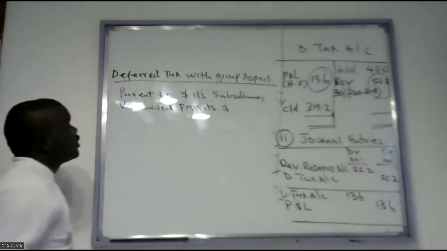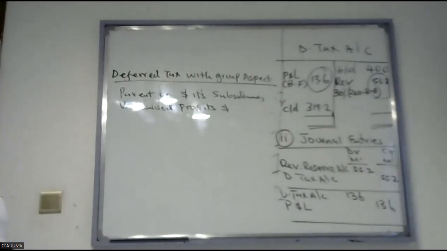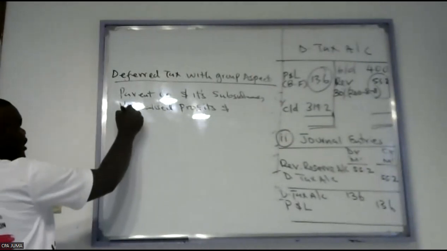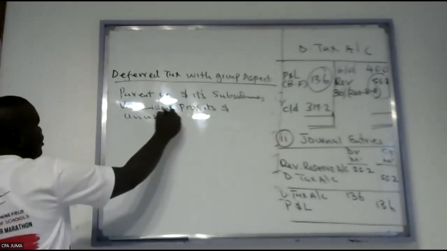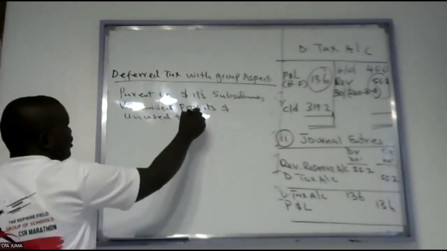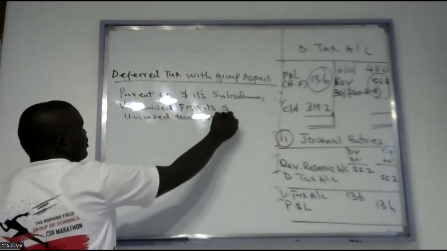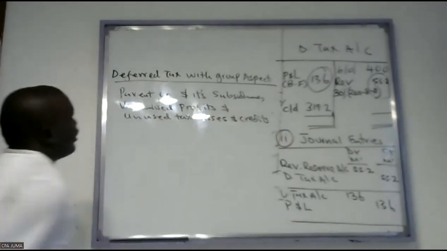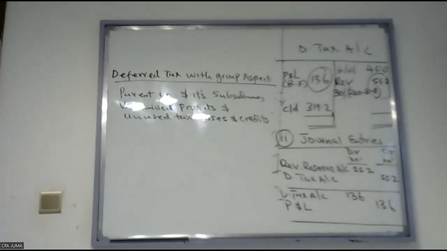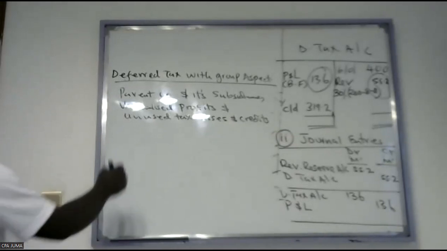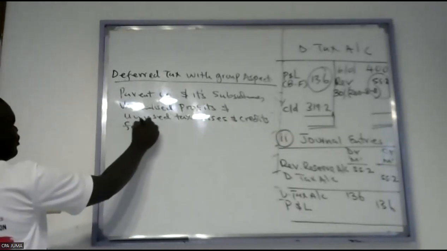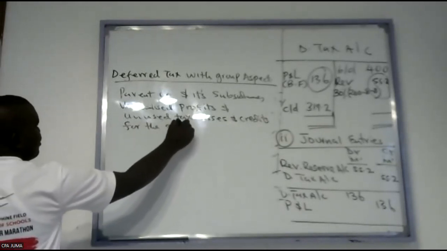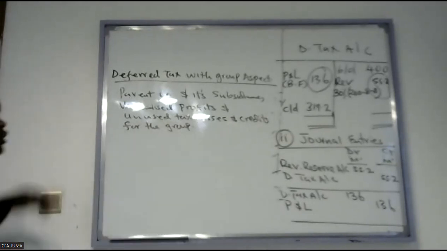And unused tax losses and credits. Unrealized profits and unused tax losses and credits for the group. Full stop.